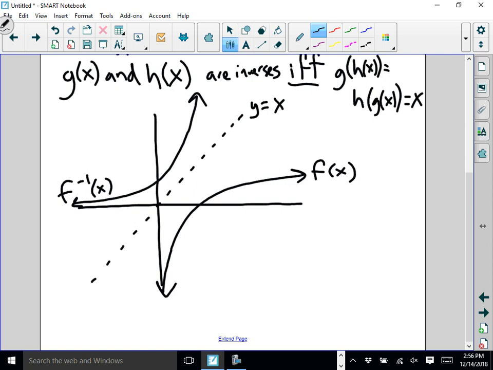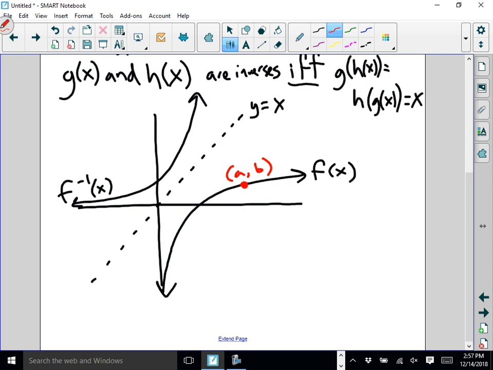Now, for every point AB that's on f of x, so let's take a look, I'm going to call this point right here A comma B. There is a corresponding point on f inverse that has the x and the y flip-flopped.